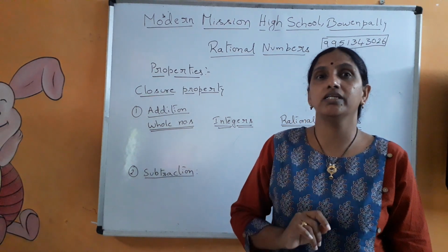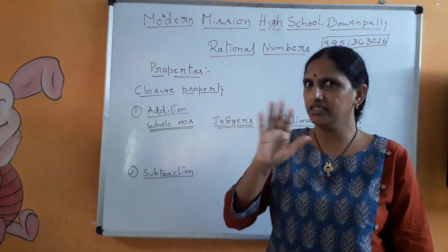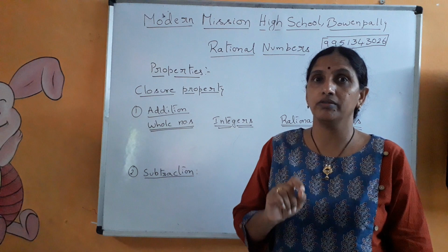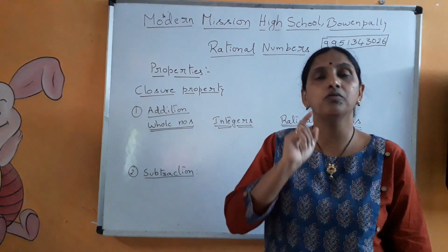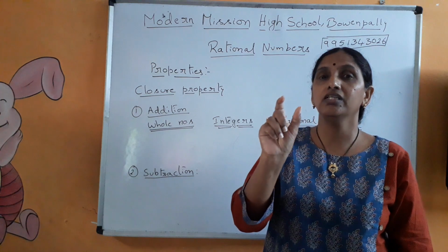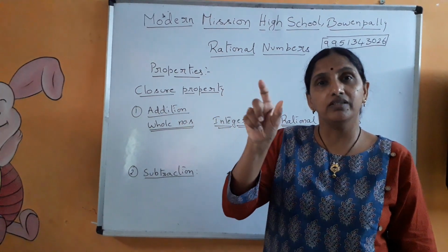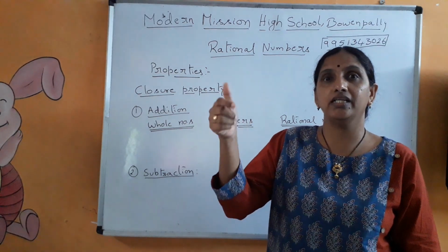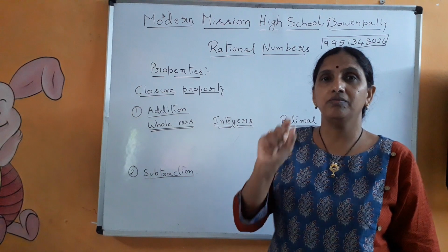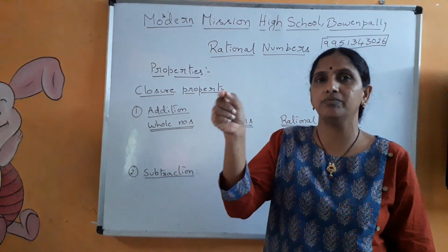Now the point here is, if it is not terminating, can we just say that it is not rational? No. If it is not terminating, you have to check one more point, that is whether the digits after the decimal point have a periodicity. Periodicity means whether they repeat again after a certain time. Suppose you take 0.333, after every single digit 3 is repeated.